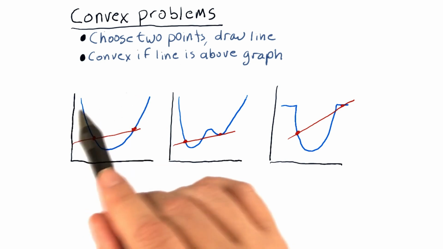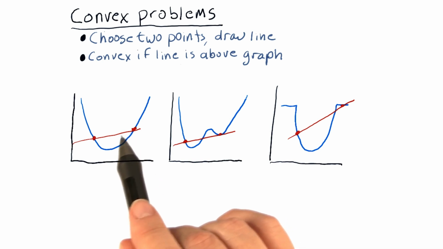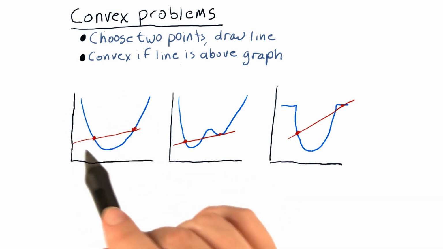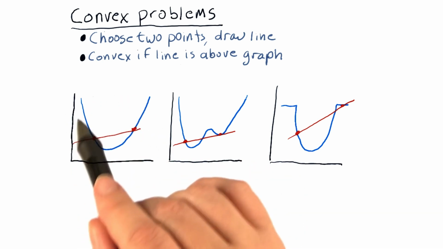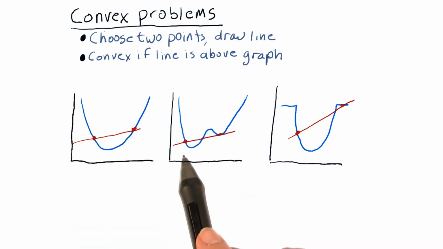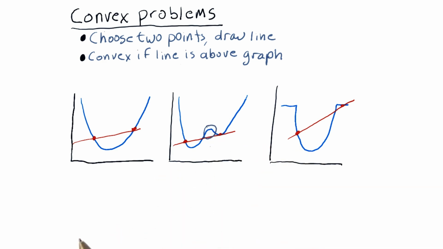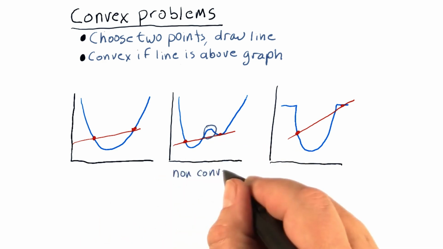In fact, any 2 points you choose on this graph will have that property. So this function is convex everywhere, at least where we're looking at it. Here, notice that this part of the graph lies above the line. So this is non-convex.